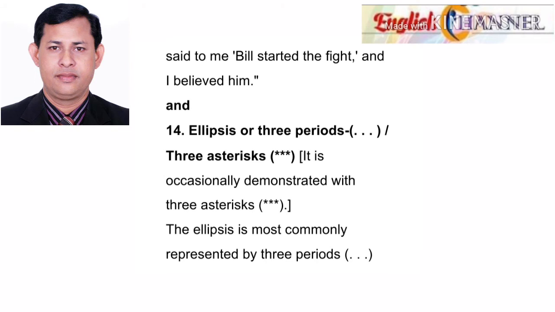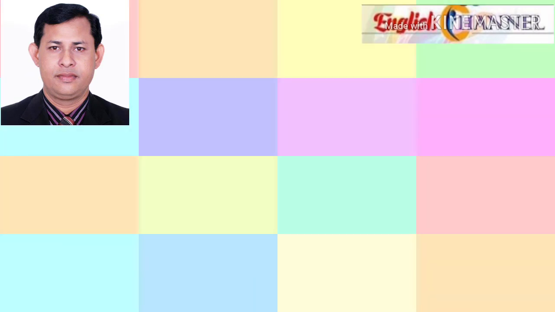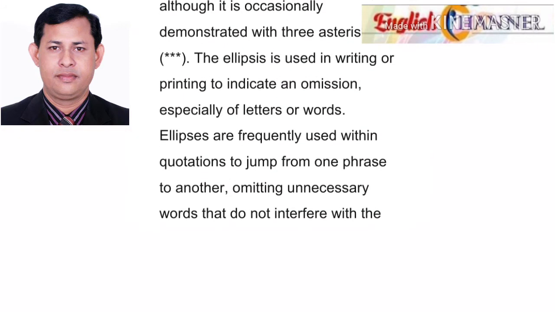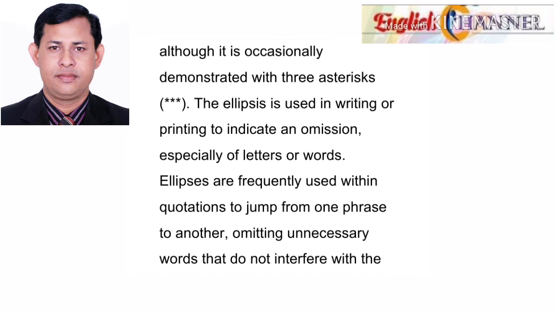It is occasionally demonstrated with three asterisks. The ellipsis is most commonly represented by three periods. Although it is occasionally demonstrated with three asterisks, the ellipsis is used in writing or printing to indicate an omission, especially of letters or words.